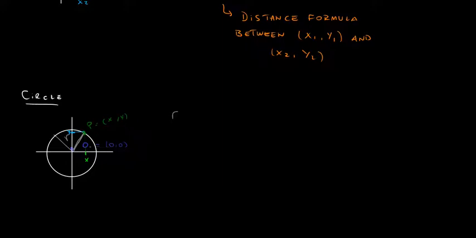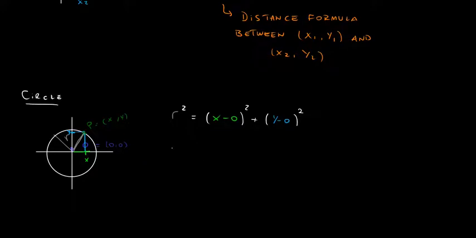So again we can form a triangle. Using the Pythagorean theorem, we can now say that r squared is going to be equal to the distance between P and the origin. So in the x-axis we have x minus 0 squared plus, and in the y-axis we have y minus 0 squared.